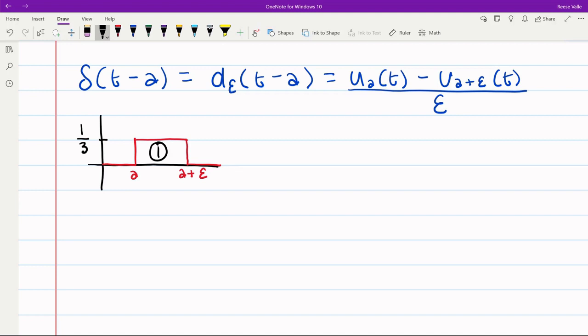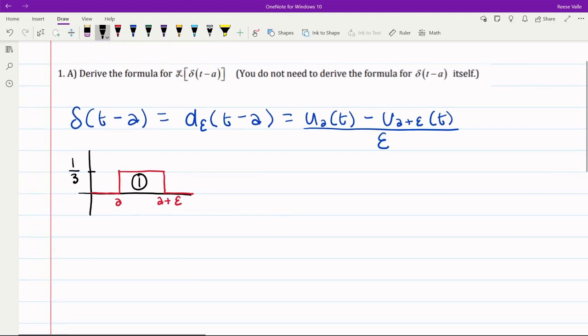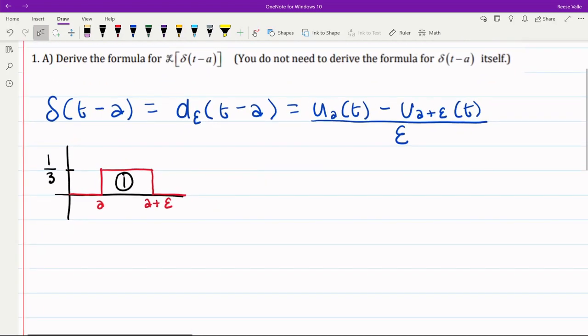If you look in the notes, I'm not going to derive that part. Is that what she's implying that I have to derive the formula? Okay, I'm just going to assume that because it says you do not need to derive the formula.